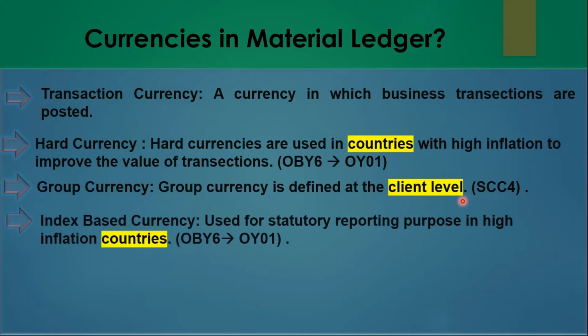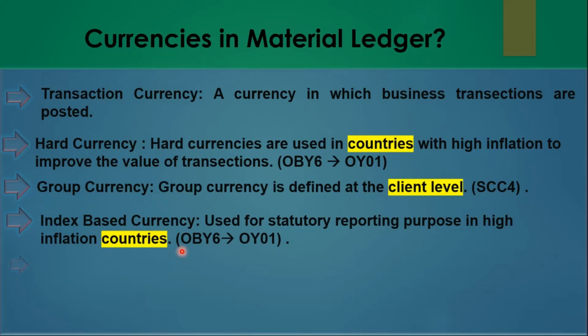Then next one is index based currency. Index based currencies are used for statutory reporting purposes in some countries that have an extreme amount of inflation. Again, this is also based on country or region.